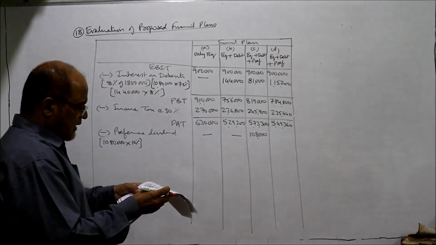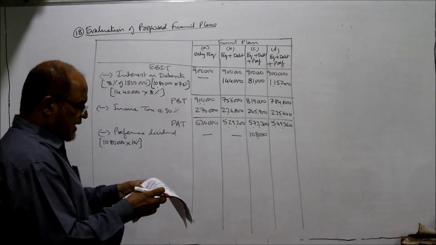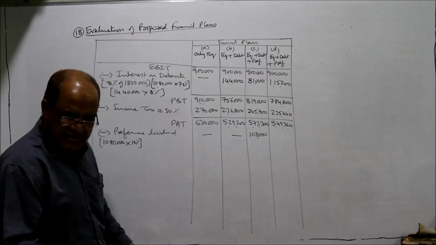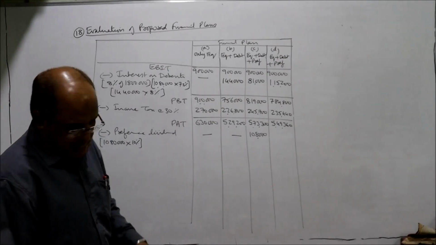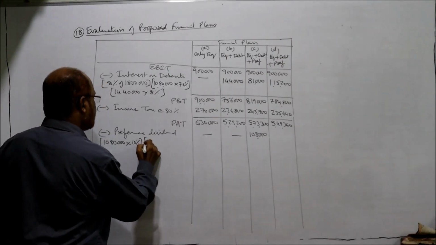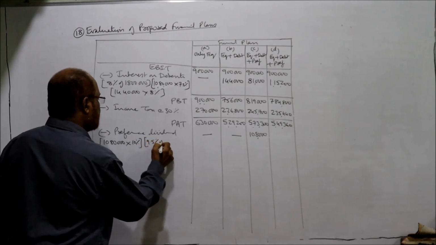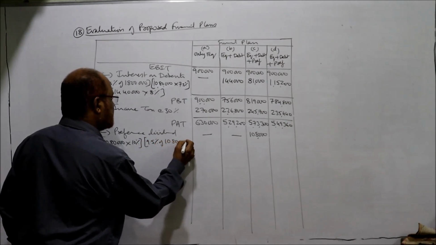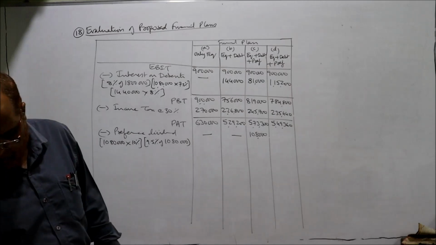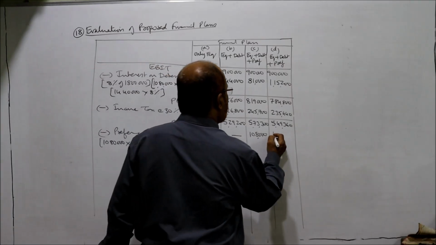Last one, 30% equity, 40% debt, and the remaining again 30%, 10,80,000, at 9.5%. 9.5% of 10,80,000 is 1,02,600.